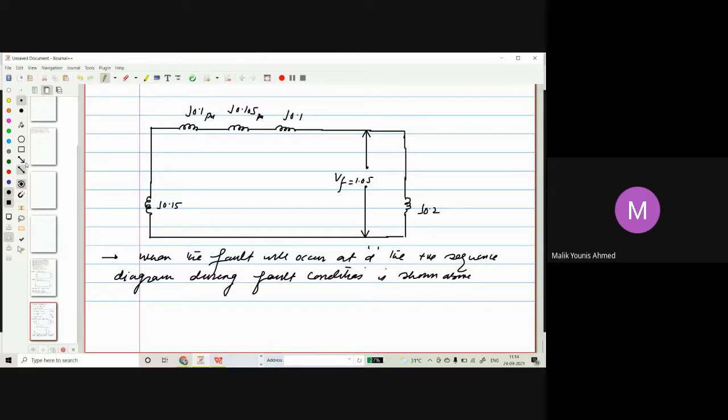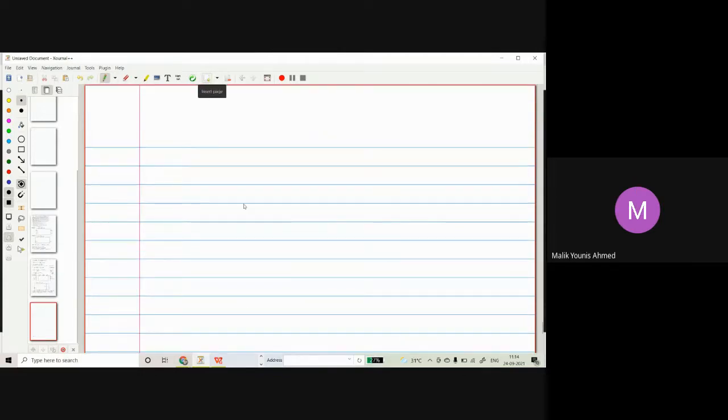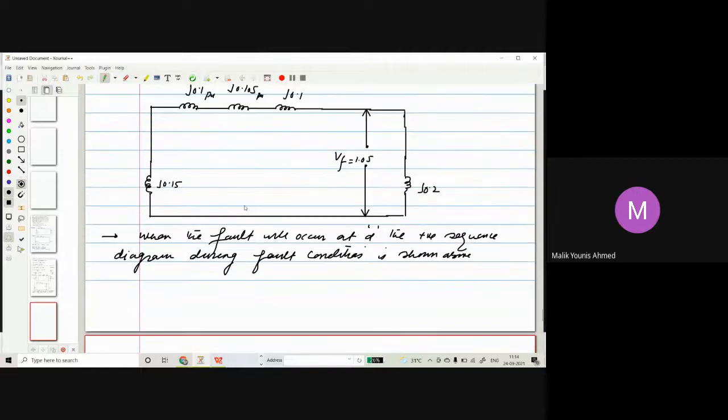Okay, so this way, let's add a page. Okay, you can have a look. So I will be writing here. In this case, Z1 will be equal to j.